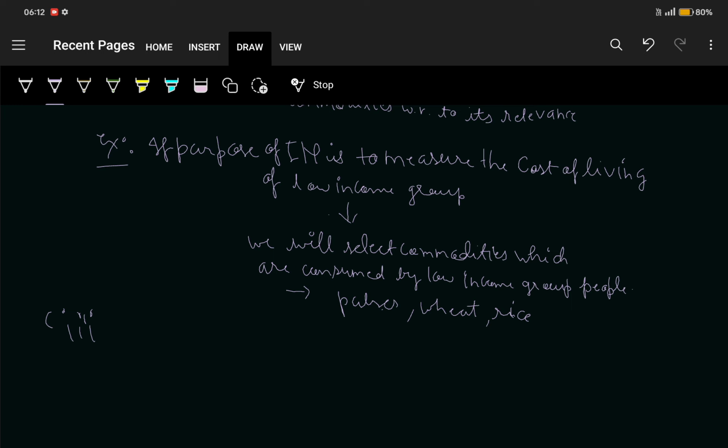And the third point, data for index number. Datum is singular, data is plural, I remembered a bit of grammar. So data for index number. A set of prices and quantities of consumed commodities by a selected community.